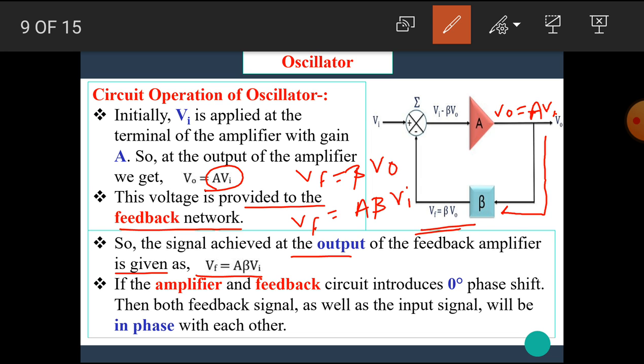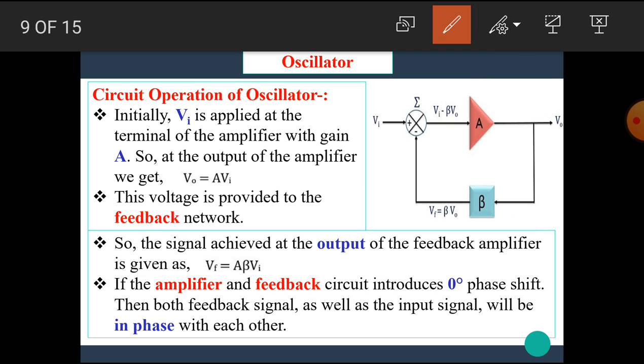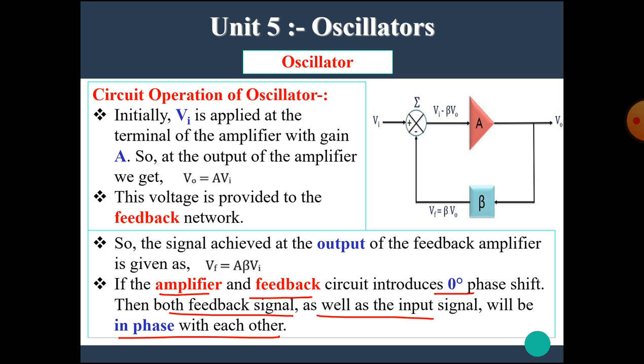This is the feedback voltage. I hope you all understand how to calculate these voltages. If the amplifier and the feedback circuit produce 0 degree phase shift, then both the feedback signal as well as the input signal will be in phase with each other.